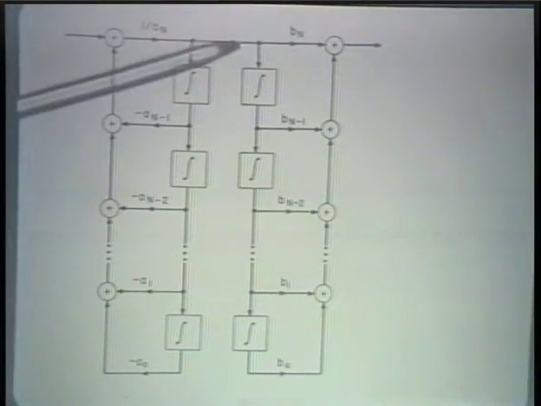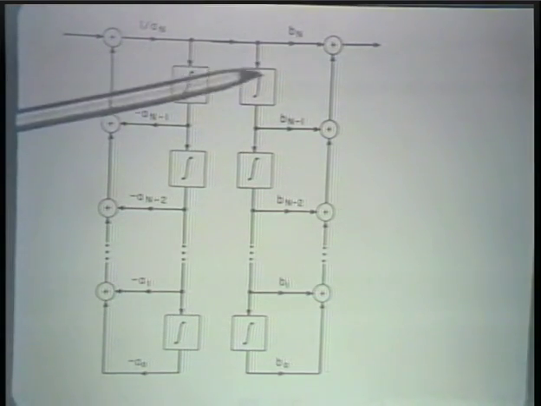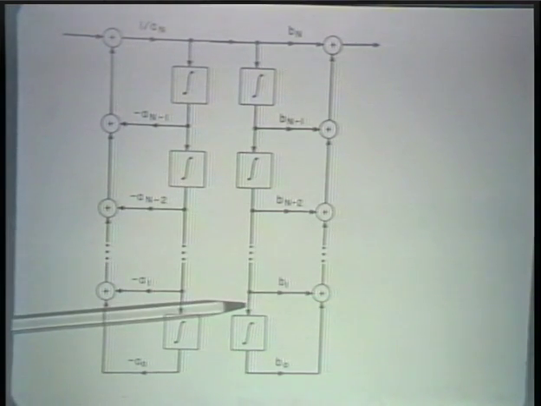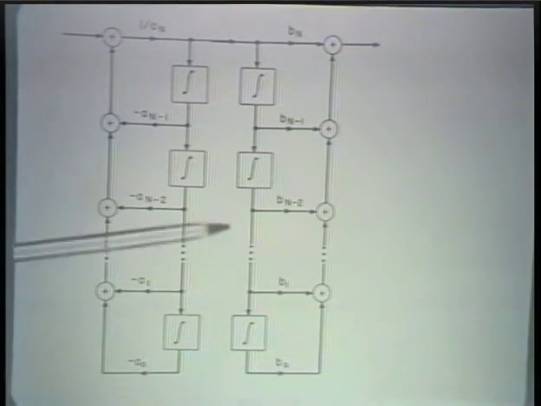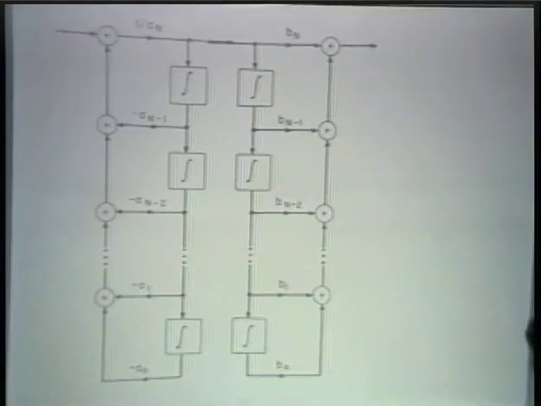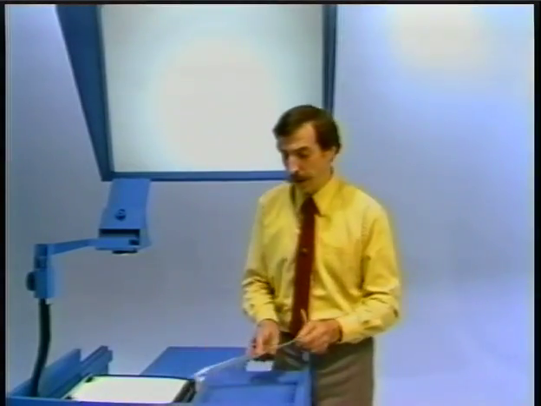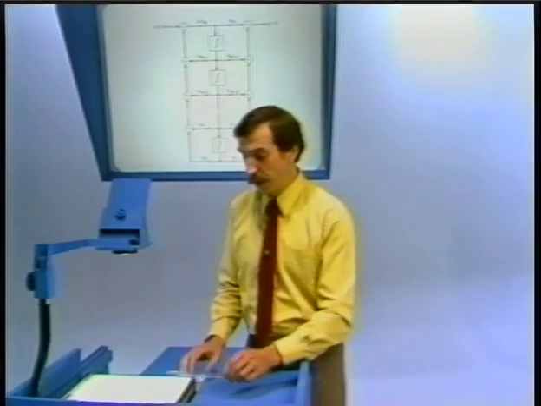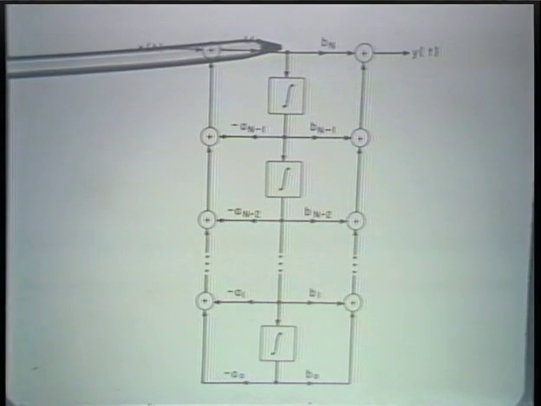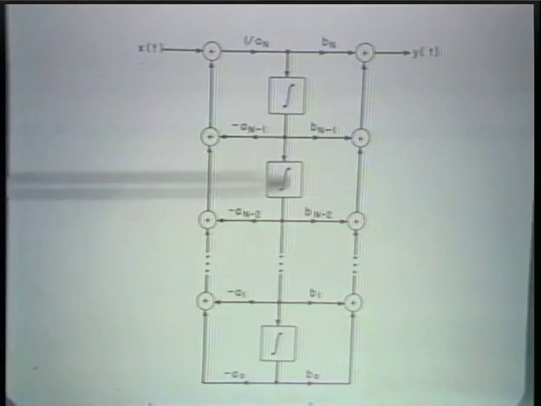Then we recognize that the input to this chain of integrators and this chain of integrators is exactly the same. And so we can collapse these together using only one chain of integrators. The system that we're left with looks as I've indicated here. So we have now just a single chain of integrators instead of the two sets of integrators.